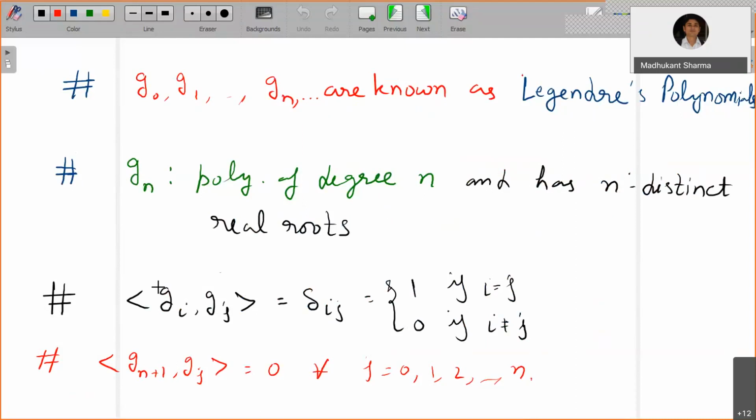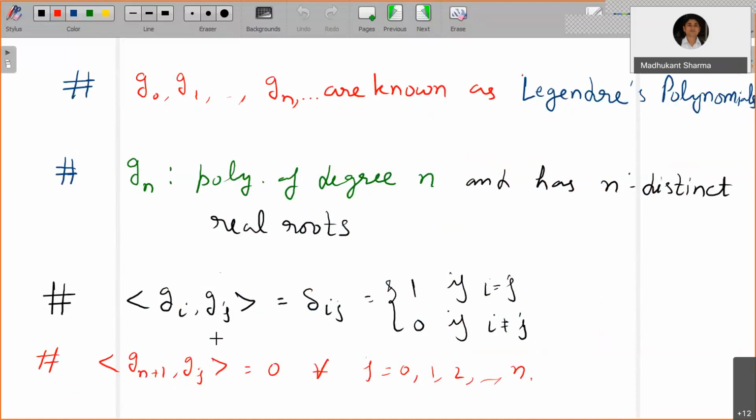Further, if you take any two pairs of these Legendre polynomials, they behave like the Dirac delta function. So whenever i equals j, the norm is 1. Whenever i is not equal to j, they are orthogonal to each other. Okay, and because we are going to identify x0 to xn, we have considered here Gn plus 1 is going to be orthogonal to G0 to Gn.